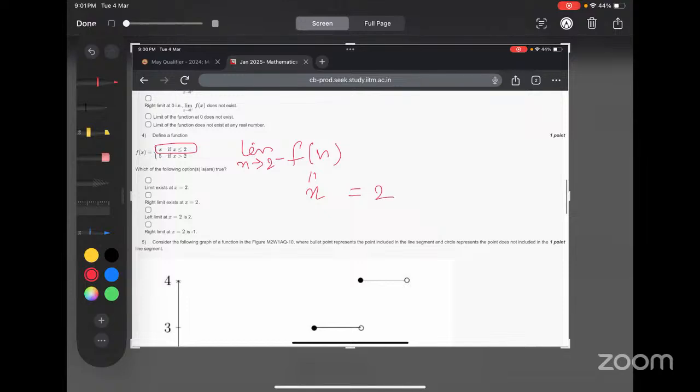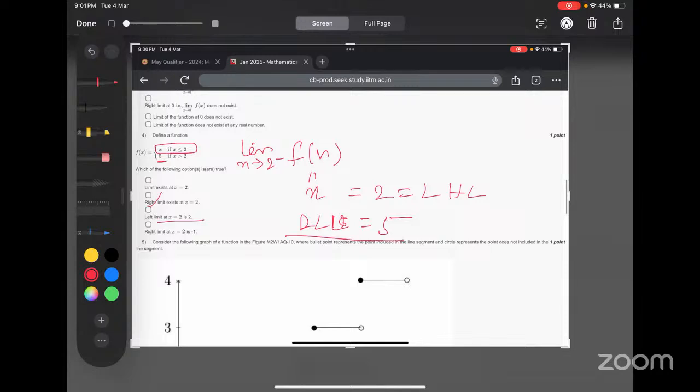And on the right, it is a constant function 5. So the right hand limit we will get as 5, right? So the left hand limit and right hand limit exist, but they are not equal, right? Yeah, right. That means the limit doesn't exist. So the left hand limit exists and it is 2. The right hand limit exists, but it is 5.